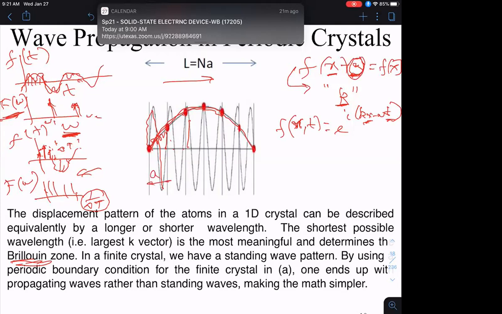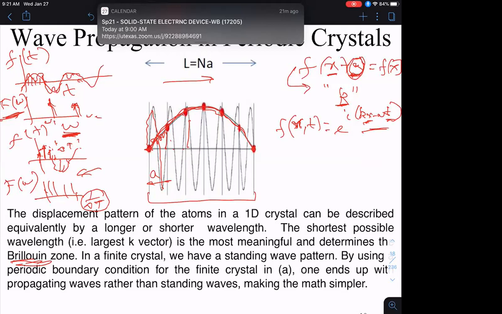But then on top of that, we'll play a mathematical trick where we'll take a crystal of finite dimensions like this, and we'll try to figure out what the wave propagation looks like, okay? And if I had a finite crystal where say this elastic band was tied up at these 2 ends, and I displace the elastic band, it'll oscillate back and forth and give rise to standing waves. It turns out standing waves are a little bit harder to deal with mathematically than traveling waves of this form, okay? So how do I get traveling waves mathematically?